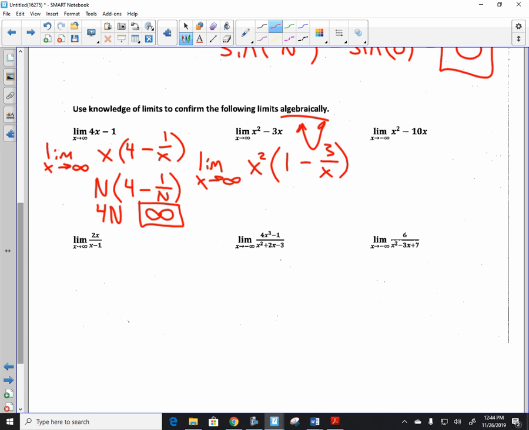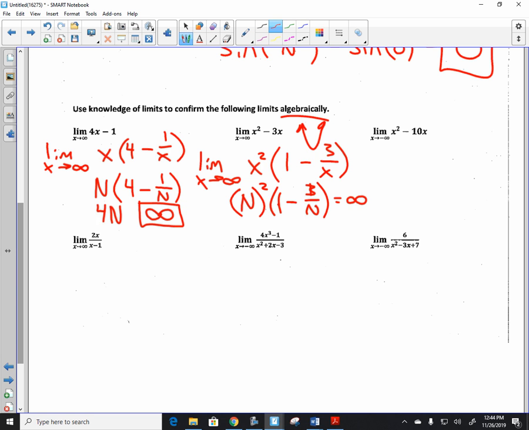So when you plug in a very large positive number, you get a large positive number squared times 1 minus 3 over a very large positive number. What is 3 over a very large positive number? 0. So you end up with a very large positive number squared, which is infinity.